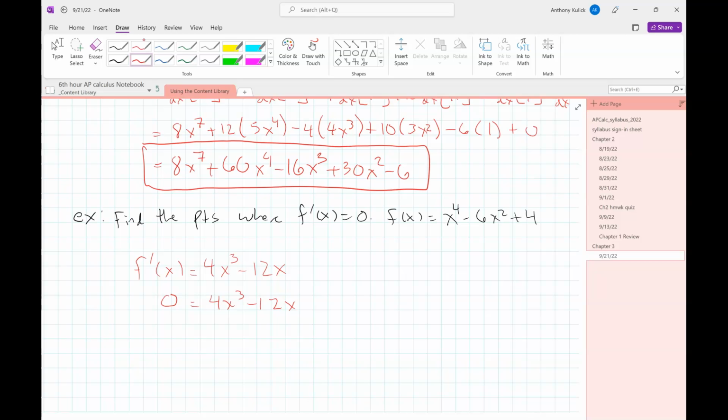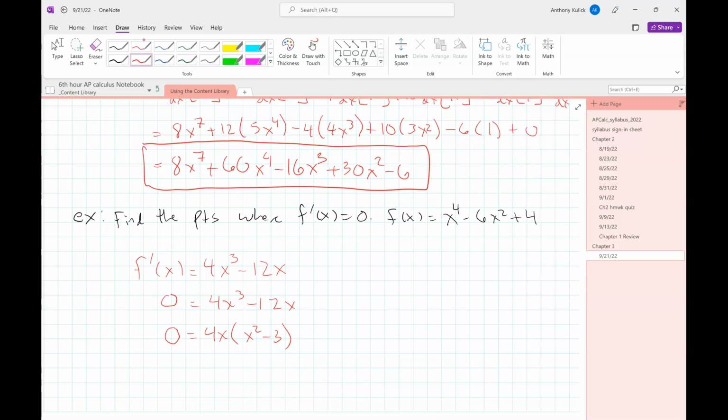Okay, so to solve this now, when it's equal to 0, what would I want to do to solve this equation? Factor. Okay, in fact, let's take out a 4x. x would have been enough, but as long as we're factoring things out, let's do the whole GCF.